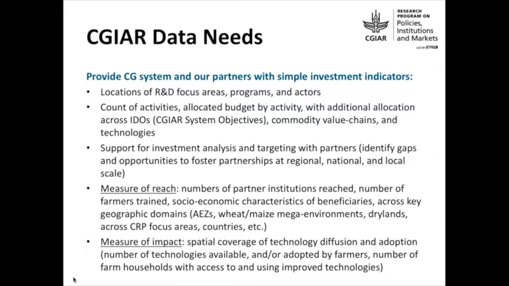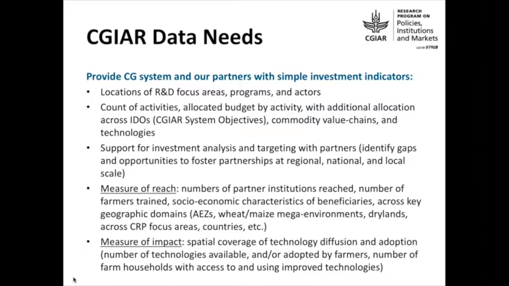So in the early consultations, stakeholder meetings and interviews we had, the key requests were for the number of locations and activities, but a lot of the CRP program directors or people making decisions on strategies really want this information overlaid with the key geographies of interest.